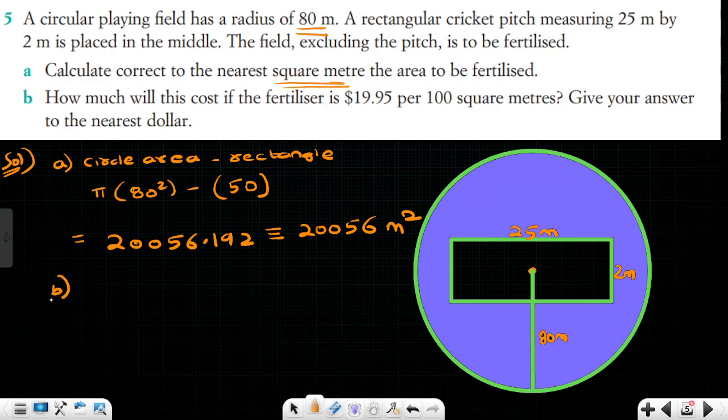This is the A bit. Now, going to the B bit.